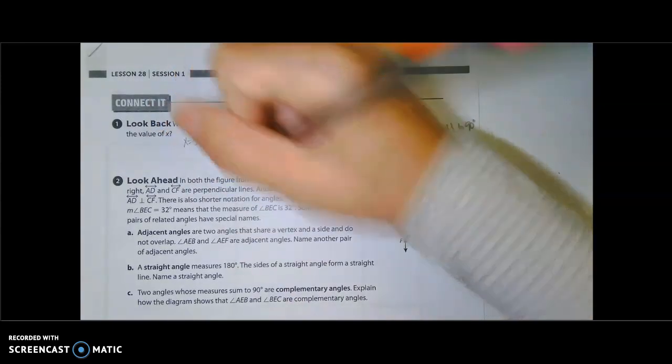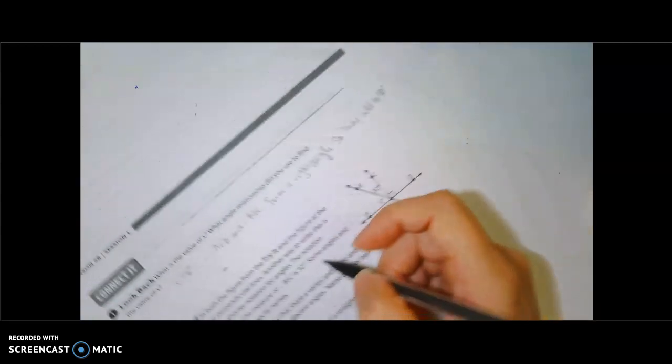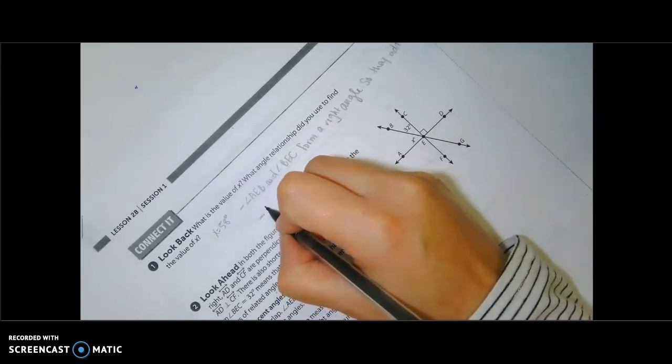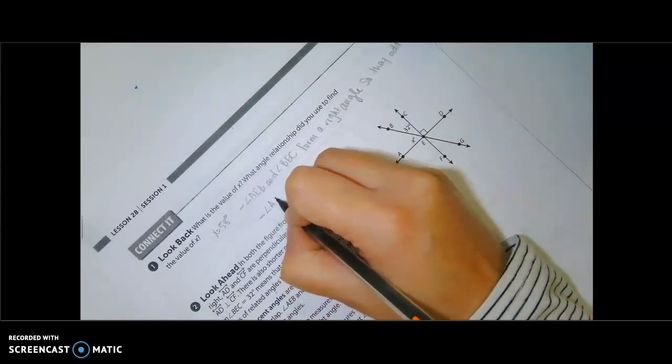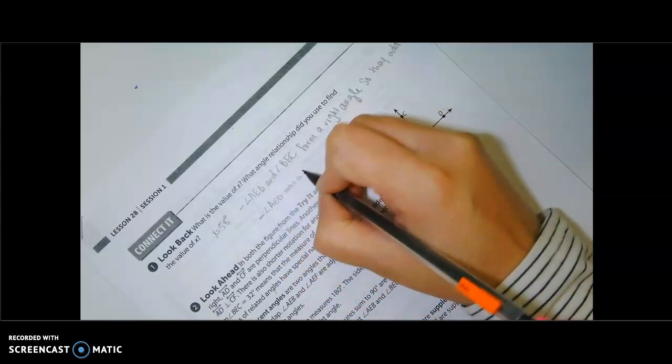Some of you noticed that AED is a straight angle. So I can more easily write. So some of us knew that angle AED was a straight angle.